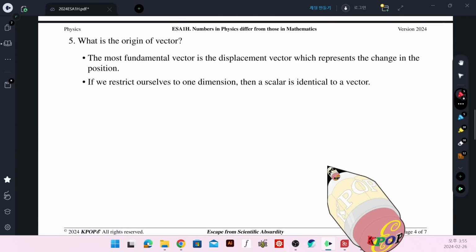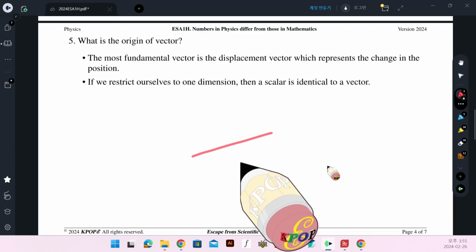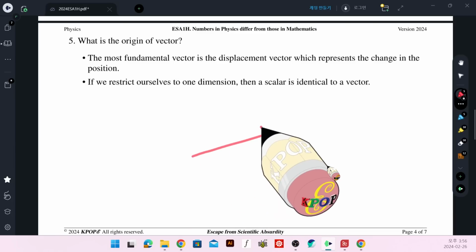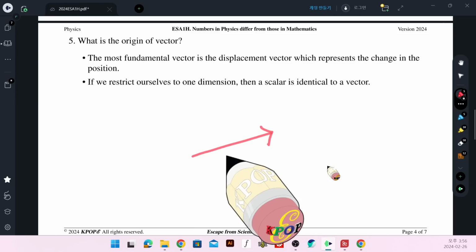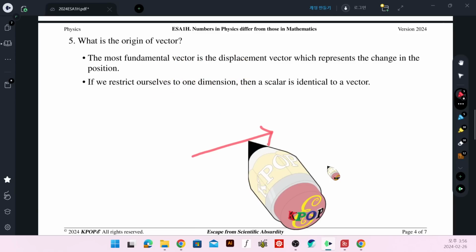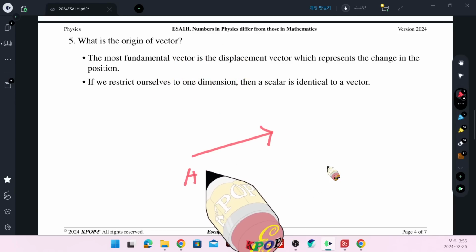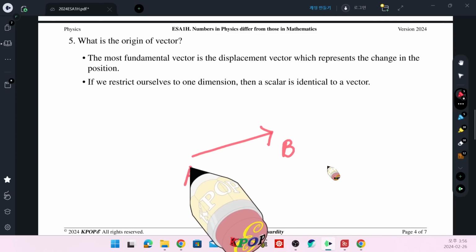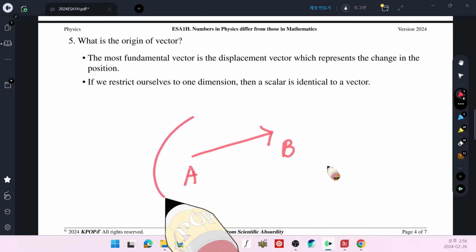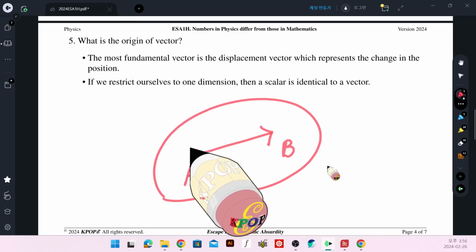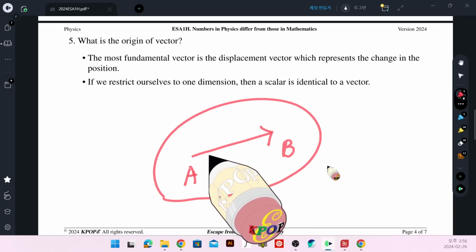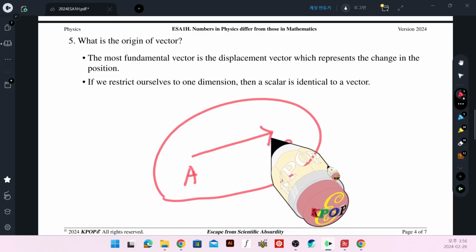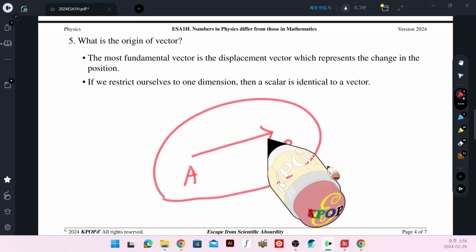Number 5, what is the origin of vector? A vector carries a magnitude, and with an arrow, we indicate the direction of change. So this is a vector, and the simplest vector is a change in position from one single point to another point. The length of this arrow stands for the magnitude of this vector, and this arrow shows the direction.